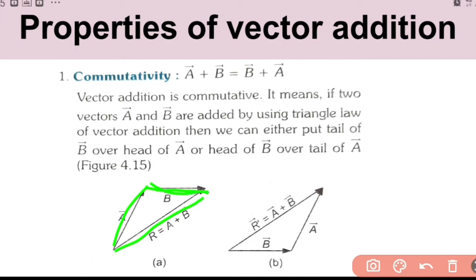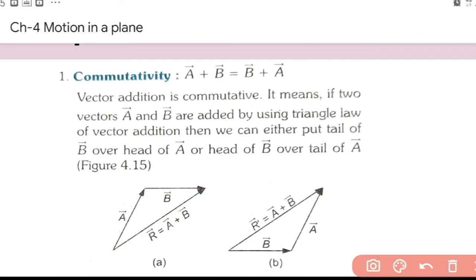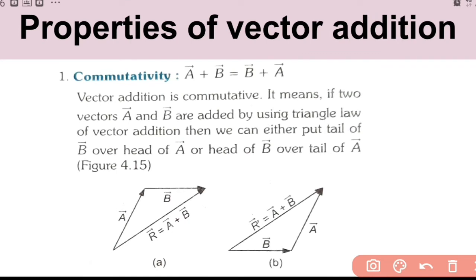Then we have drawn the third side, which shows the resultant. In both diagrams we have the third side in parallel directions with the same magnitude, that means the length of that third side is the same in both diagrams. So it means that both R and R dash are the same. That means vector A plus B is equal to vector B plus vector A, which proves the commutative property of vector addition.